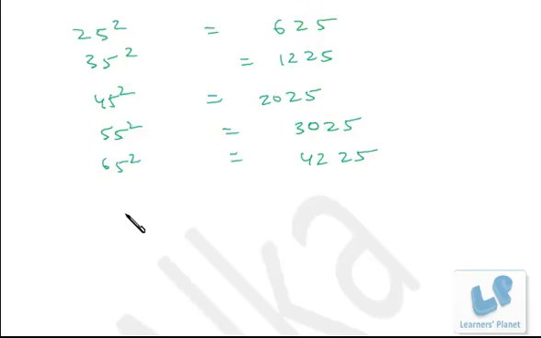Okay, now let's practice some of the problems. Suppose I have 203 square, right? So that's (200 + 3) whole square. That's (a + b) whole square.